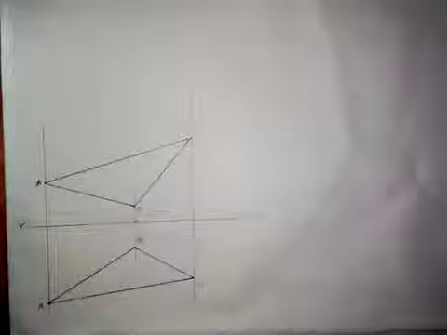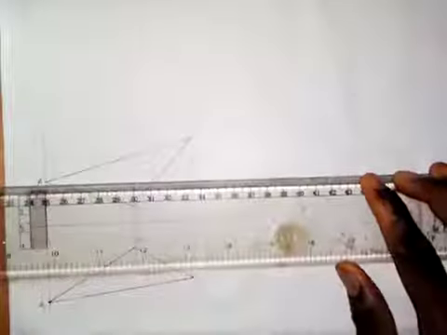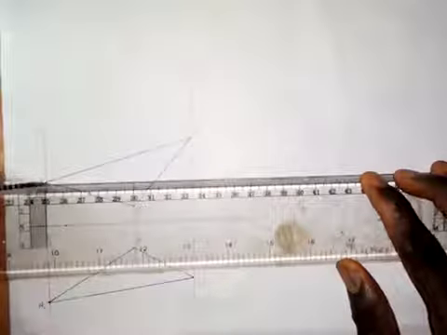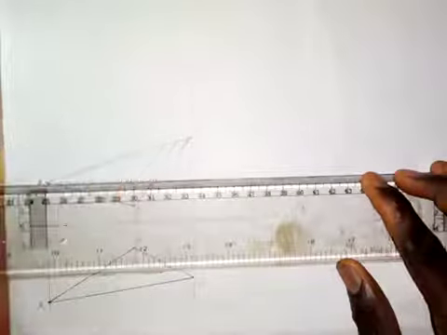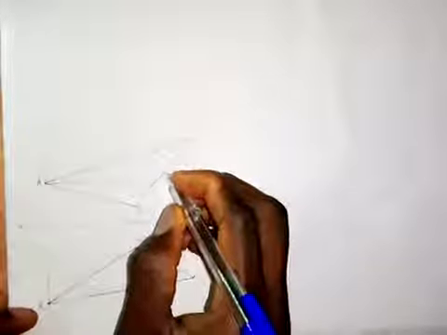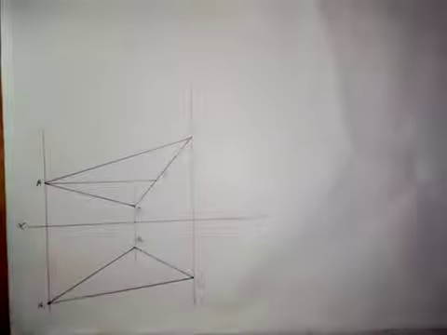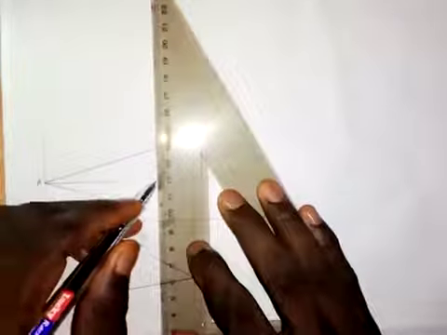So for us to be able to draw the true shape with the given views, from point A here, draw a horizontal line from point A, meeting this side BC at this point. This point we call point D. So now from point D, draw a vertical line down into the plan.